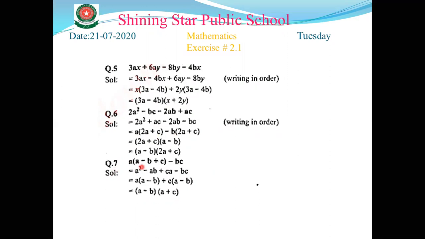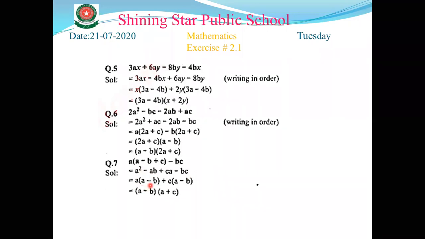a into a minus b plus c minus bc. Okay, now a square minus ab plus ca minus bc. Now from the first two terms we can take common a, and we get a minus b.